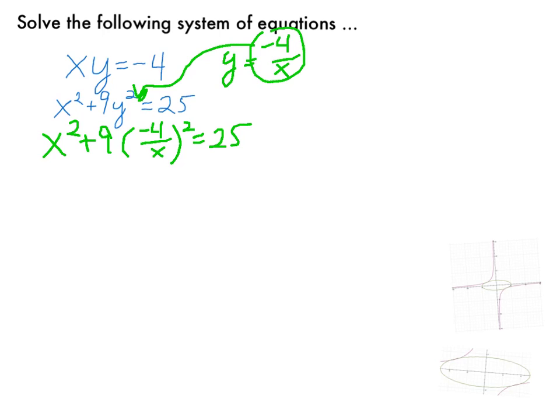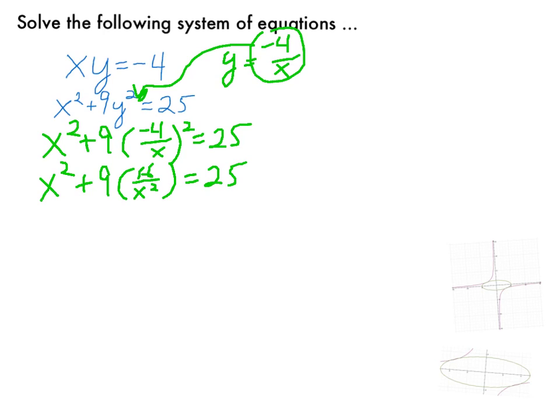Don't forget your exponent rules. When you have a fraction, you square both the numerator and the denominator. It's negative 4 times negative 4 and x times x, which would give us x squared plus 9 times 16 over x squared equals 25.